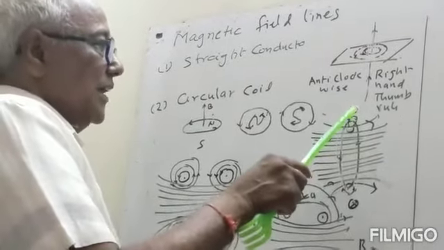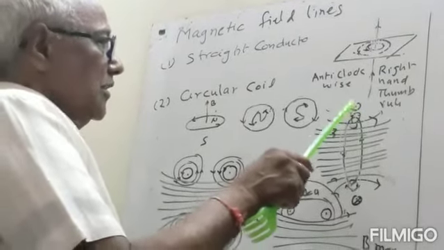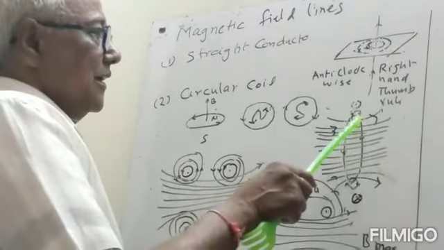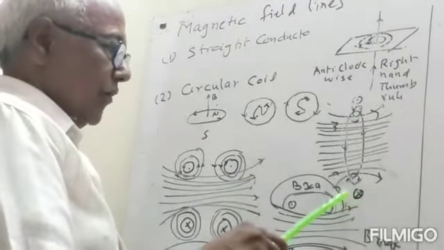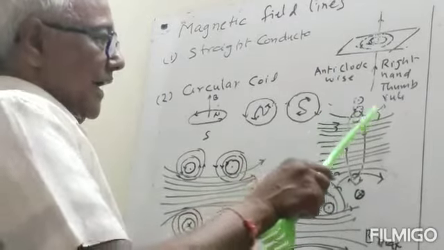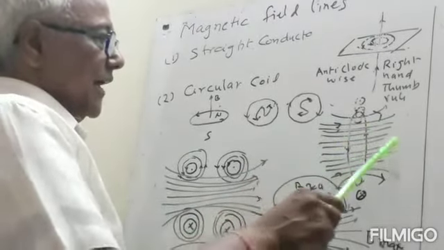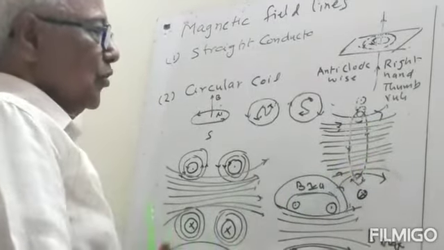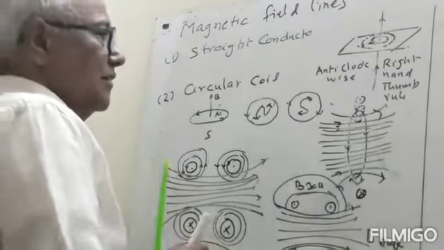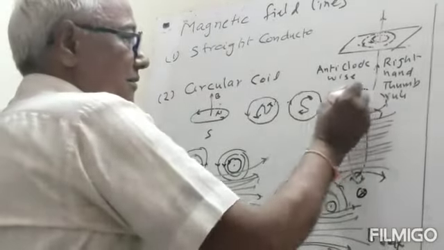The magnetic lines for this side will be anti-clockwise. Here it will be clockwise. As we go near the center, they become straight lines, so these lines will be like this.